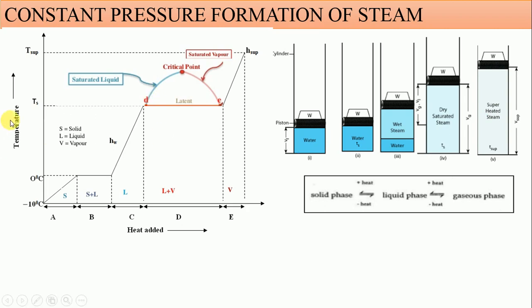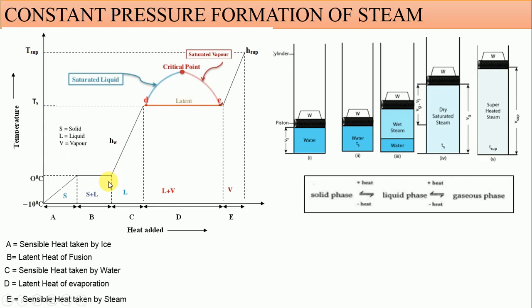Today we will discuss this temperature versus the heat added graph. So here 0 degree Celsius of solid is present and 0 degree Celsius of liquid is present. Fine. So A is nothing but the sensible heat taken by ice. Let's suppose very initially the minus 10 degrees Celsius of ice is present here, and up to 0 degrees Celsius the heat taken by the ice is nothing but the sensible heat.